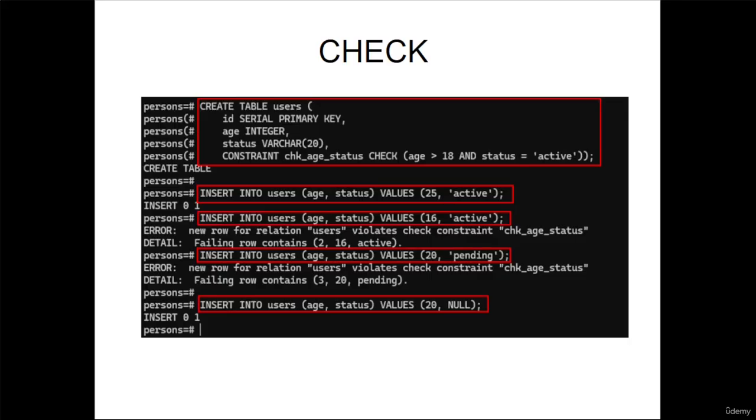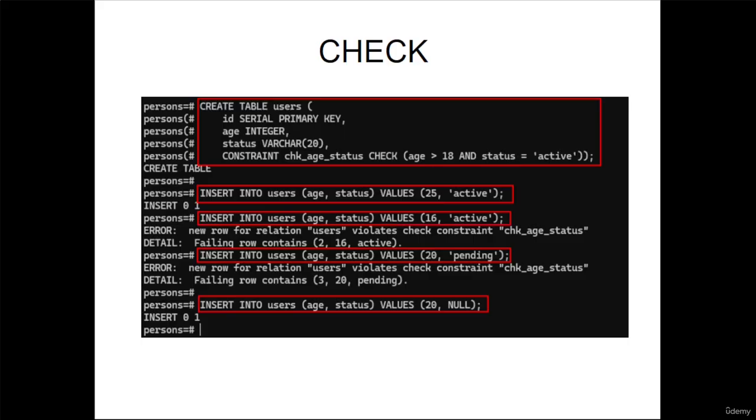INSERT INTO users (age, status) VALUES (25, 'active'). Result: succeeds. Reason: age equals 25 satisfies age greater than 18, and status equals active satisfies status equals active. INSERT INTO users (age, status) VALUES (16, 'active').